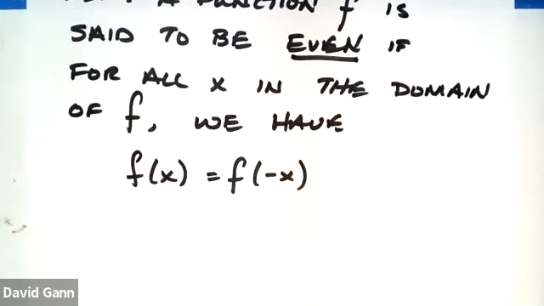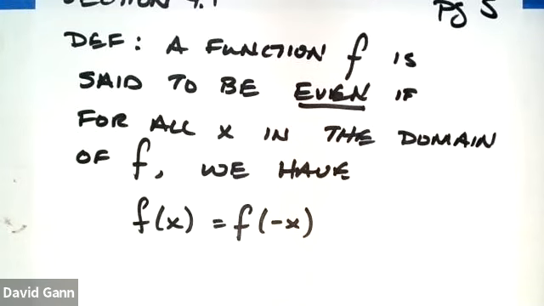Now, that sounds very formal, and it should, because it is very formal. But this is something that you probably should recall from college algebra. There's some discussion about this concept of symmetry. In college algebra, there are 3 terms that are used: symmetry with respect to the x-axis, symmetry with respect to the y-axis, and symmetry with respect to the origin.